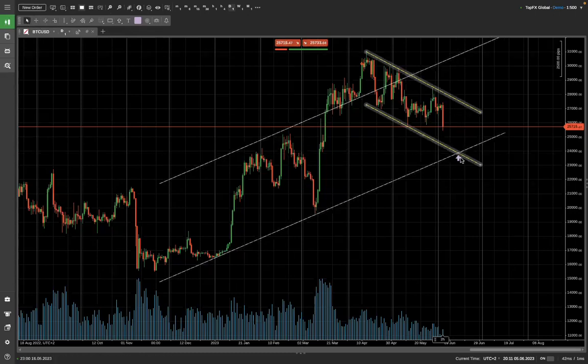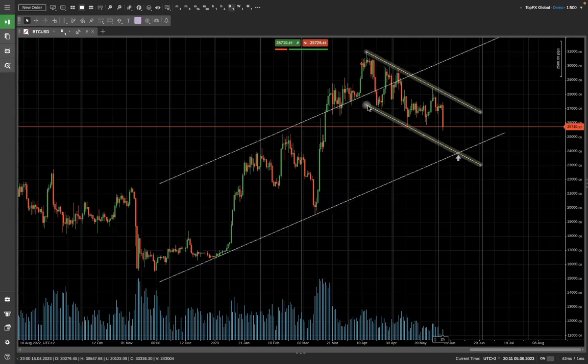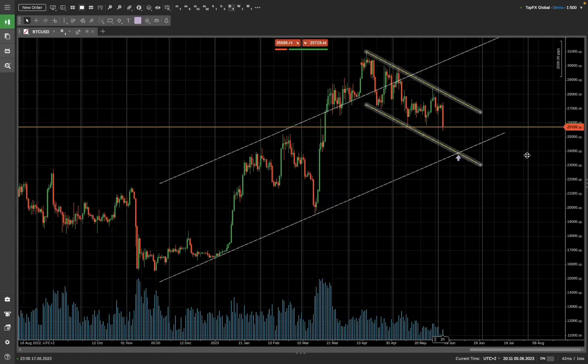If the market goes lower and then goes up and then goes lower, then the larger channel's lower line and the smaller channel's lower line will provide additional support. So the chances that the market will bounce and continue to the upside roughly from the zone of $24,000 are much more likely.